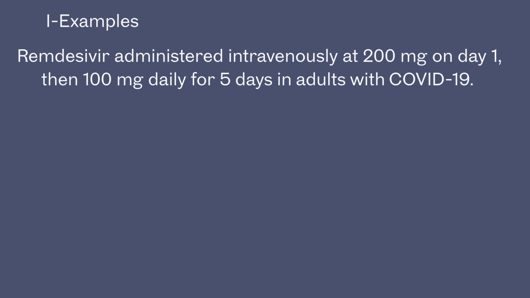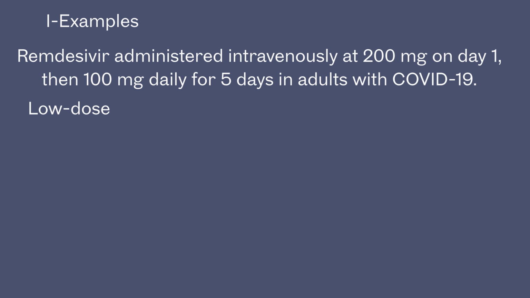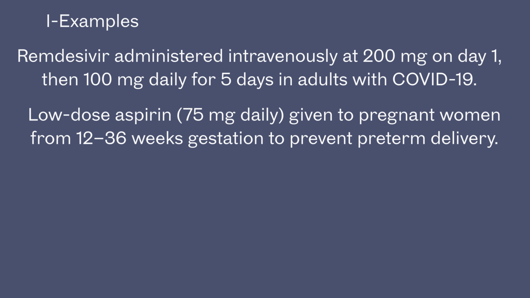Examples: remdesivir administered intravenously at 200 mg on day 1, then 100 mg daily for 5 days in adults with COVID-19, low-dose aspirin, 75 mg daily, given to pregnant women from 12 to 36 weeks gestation to prevent preterm delivery.